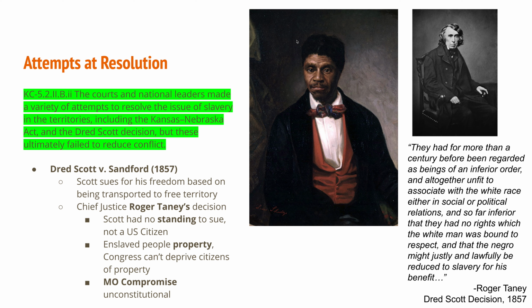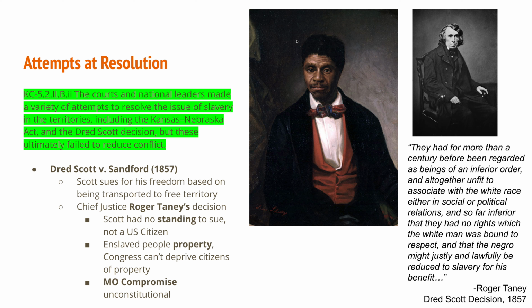We've seen this before when John Marshall was hearing a case from the Cherokee tribe in Cherokee Nation versus Georgia, in which he said that the Cherokee did not have standing to sue since they were not US citizens. And in that scenario, he dismissed the case altogether and didn't make any decision. Roger Taney, instead of doing the same thing as Marshall had done 30 years earlier, continues and makes a decision despite the case having no standing.